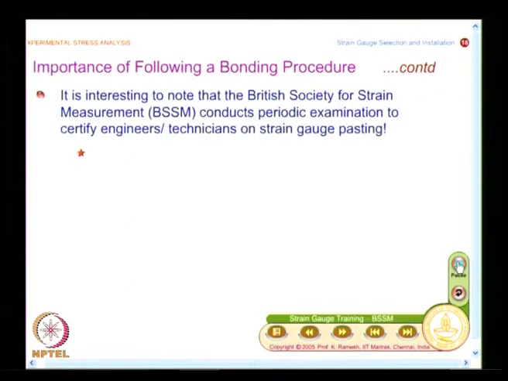And it is very important to note that the British Society for Strain Measurement conducts periodic examinations to certify engineers or technicians on strain gauge pasting. Unless the process is very important, you would not find a professional society conducting examinations of this nature.